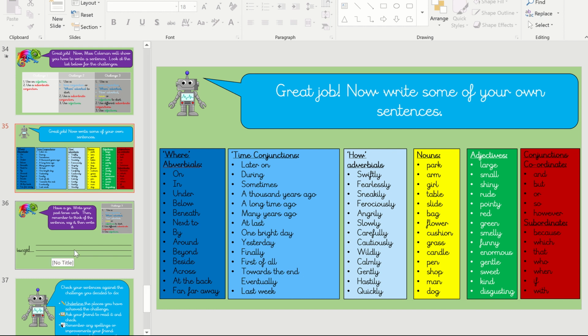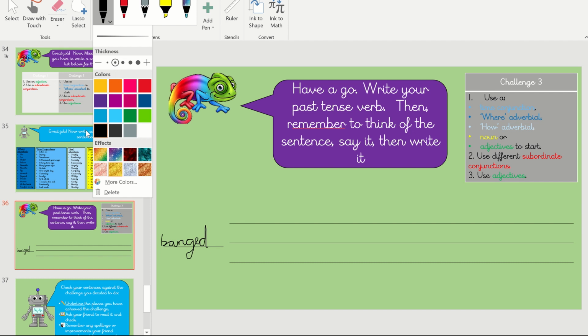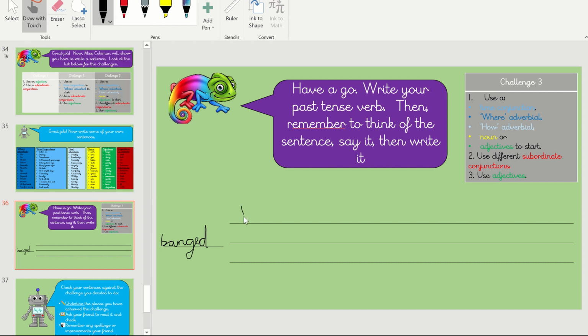Branches banged noisily against the window and the wind howled around the house. Brilliant. Love that sentence. Right, so branches, capital letter. Did I remember to think of my sentence, say it, then write it? Yeah, I've done it.